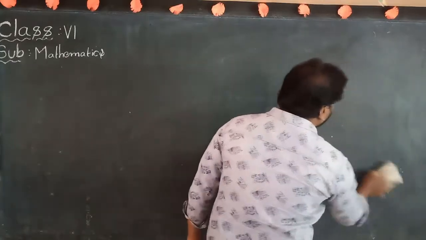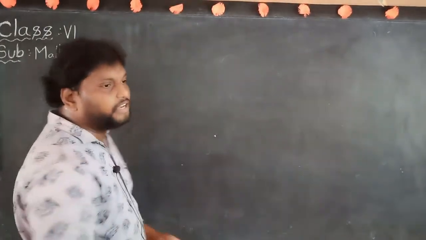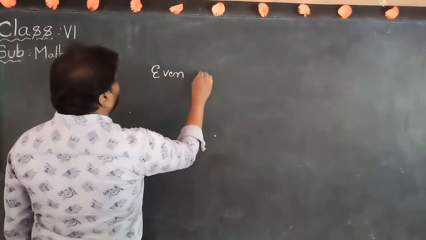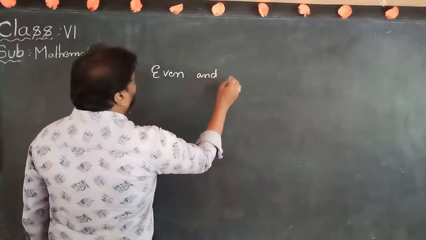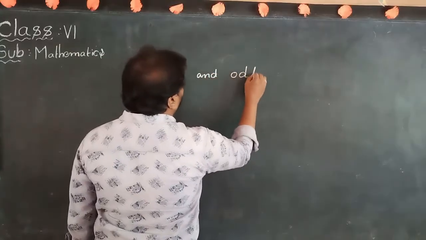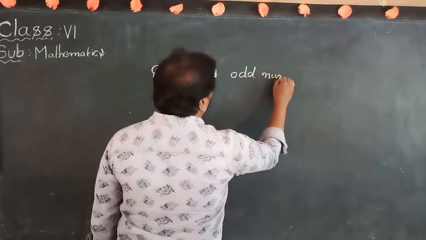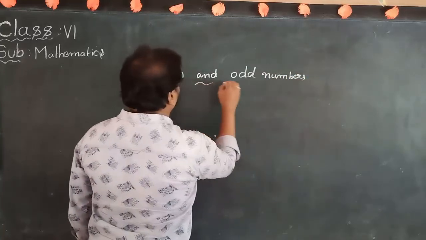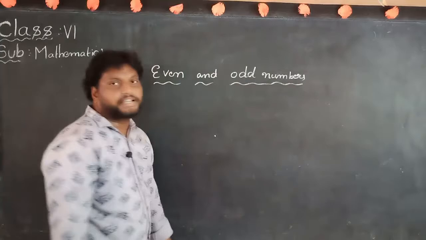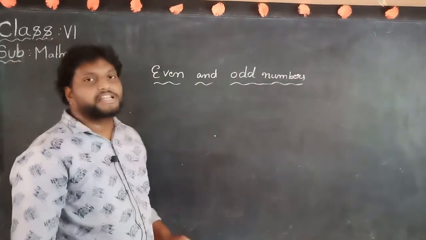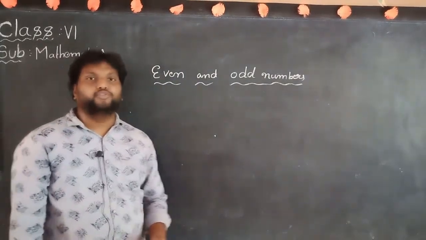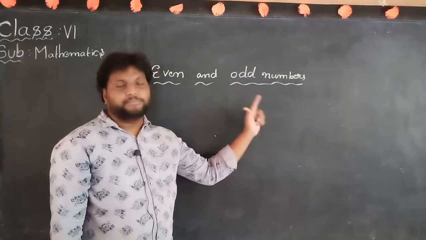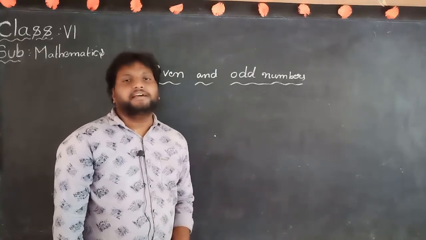Next topic is even and odd numbers. Even numbers are numbers divisible by 2. Numbers that are not divisible by 2 are called odd numbers.